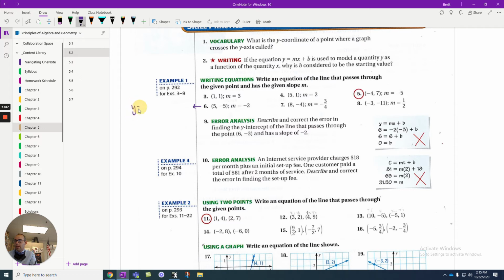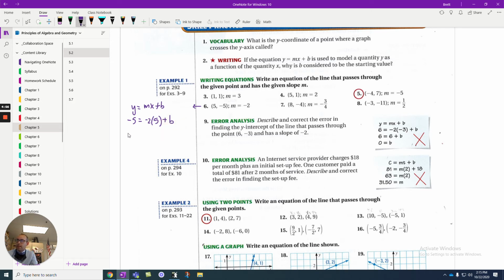I would say y equals mx plus b, and I'm going to plug in everything I know. The y value here is negative 5. So negative 5 equals my slope, my m is negative 2, times my x, which is a positive 5, plus b.